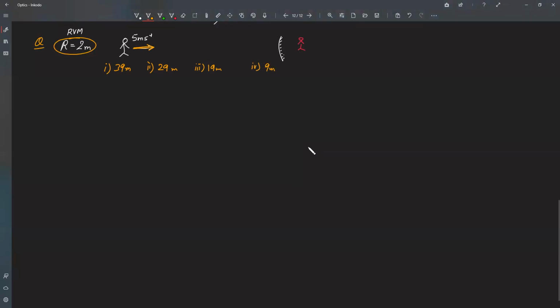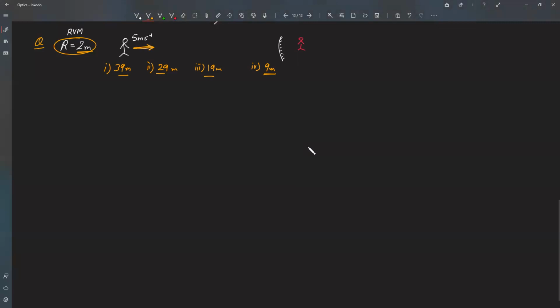In all the cases he is beyond the radius of curvature, because the radius of curvature is only 2 meters. The minimum distance from the mirror given is 9 meters. So 9, 19, 29, and 39. In all these cases, he is beyond the center of curvature.